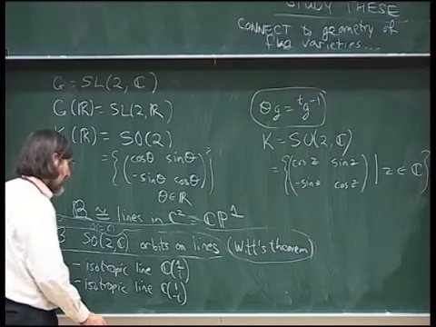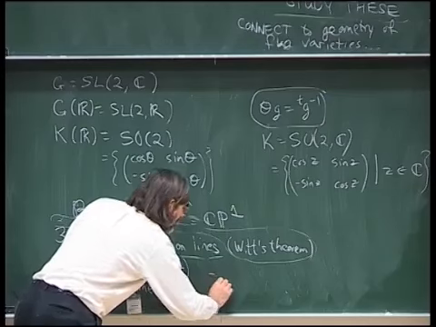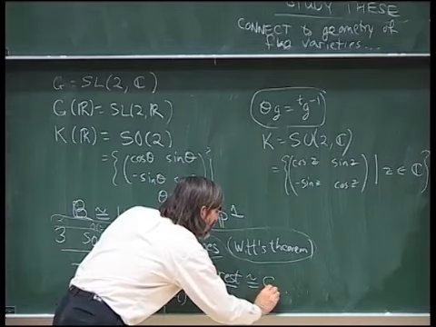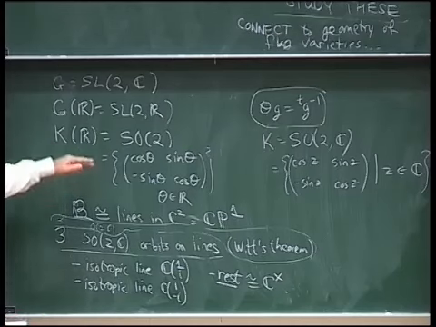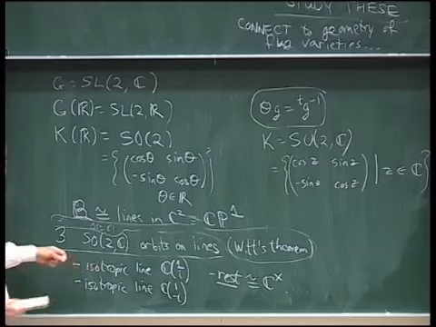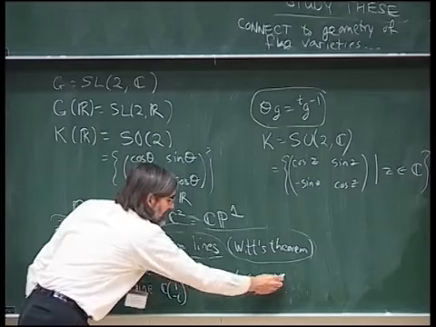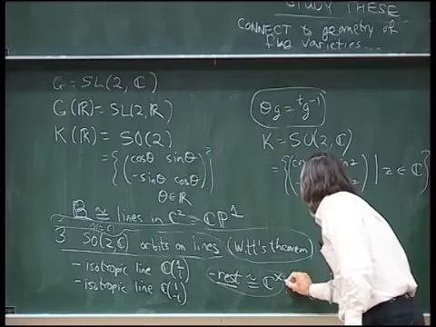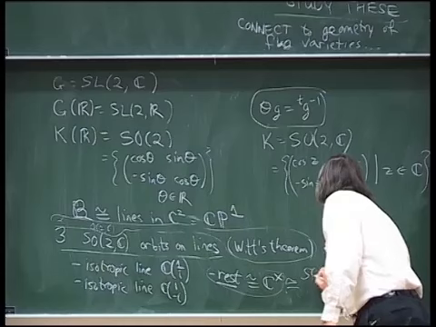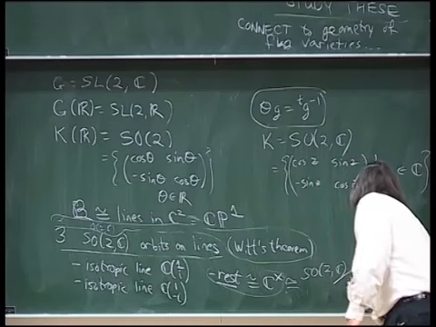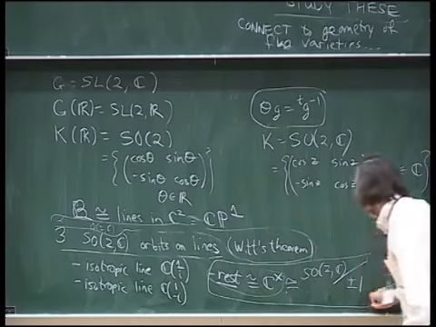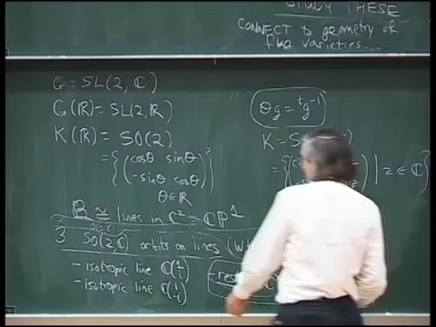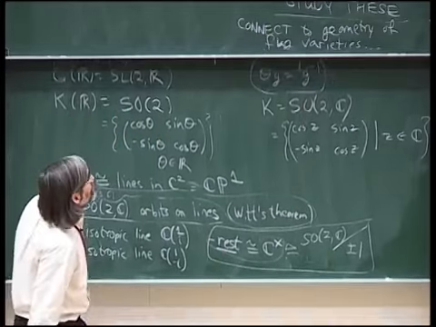And there's the rest, which looks like, if I take the complex projective line and remove 2 points, what's left is a punctured plane, C cross, and this is SO2C divided by plus or minus 1. Okay, so that's the orbits.